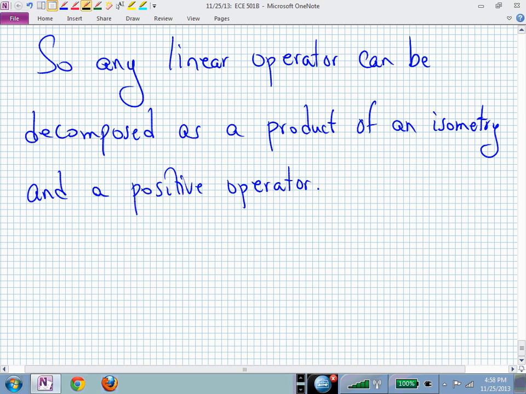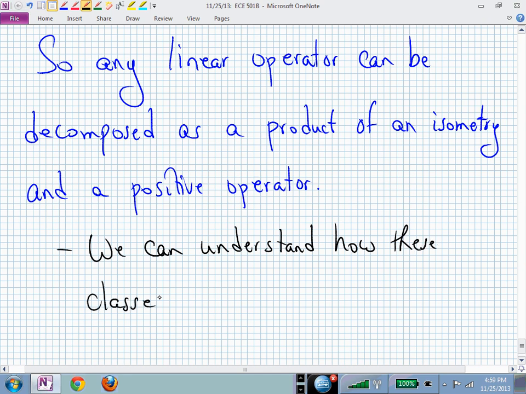And we can go back in chapter 7 and remind ourselves of what these two pieces, the isometry and the positive operator, provide us with. We can now understand how these classes of operators work.